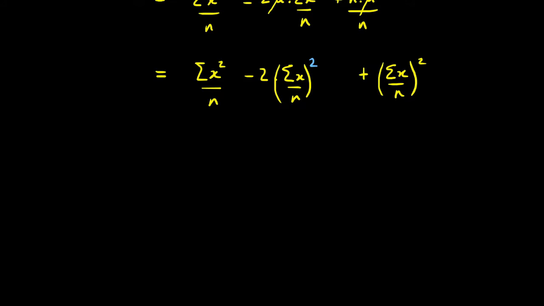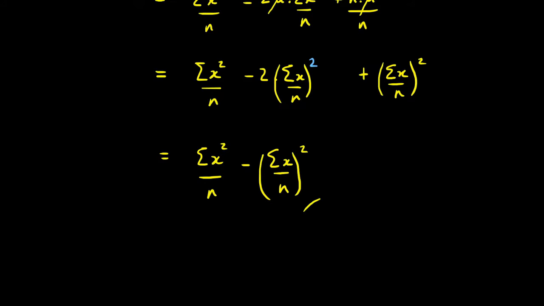So in summary, I've got sigma x squared upon n, minus 2 lots of sigma x upon n squared, plus sigma x upon n squared. If I've got minus 2 plus 1, I end up with minus sigma x upon n squared.